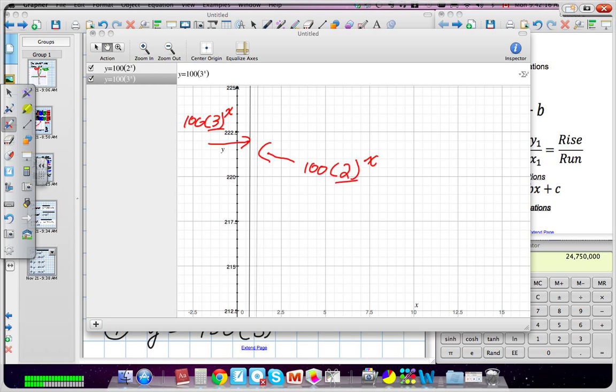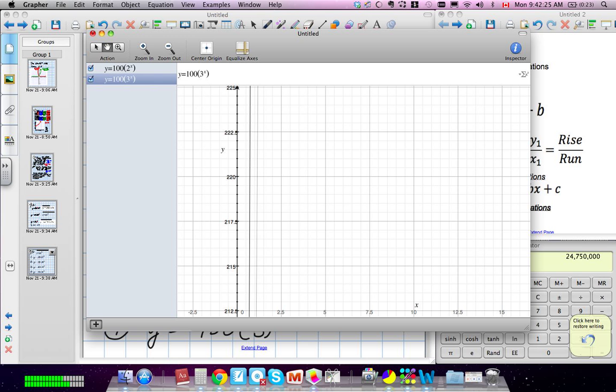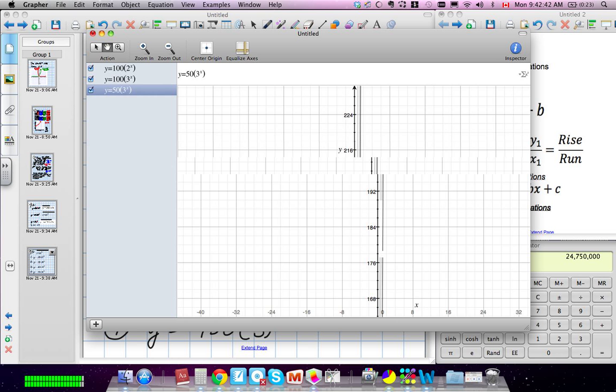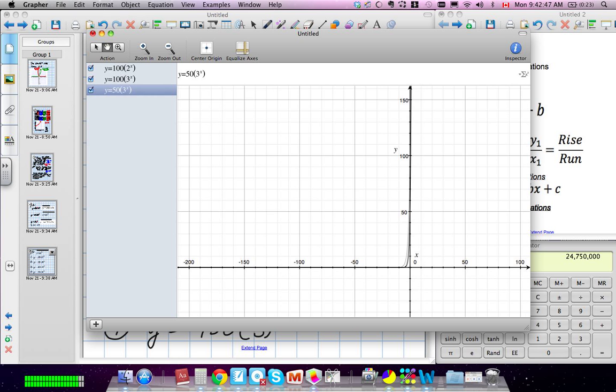Okay? Along with that, we'll add another equation. This time we're going to do 50 times 3 to the power of x. I want you guys to now notice that where we've crossed the y-axis is very different now.